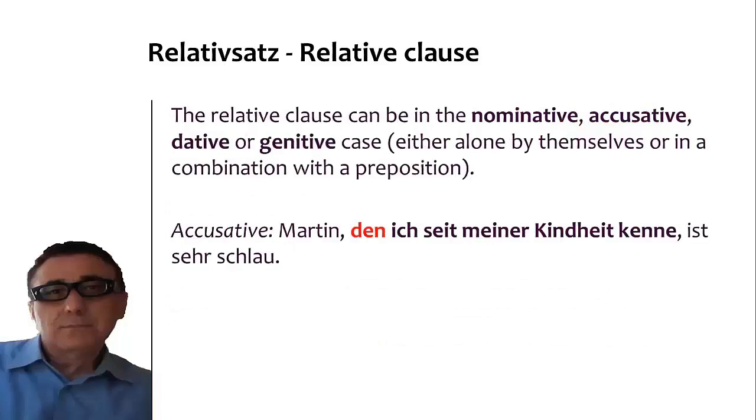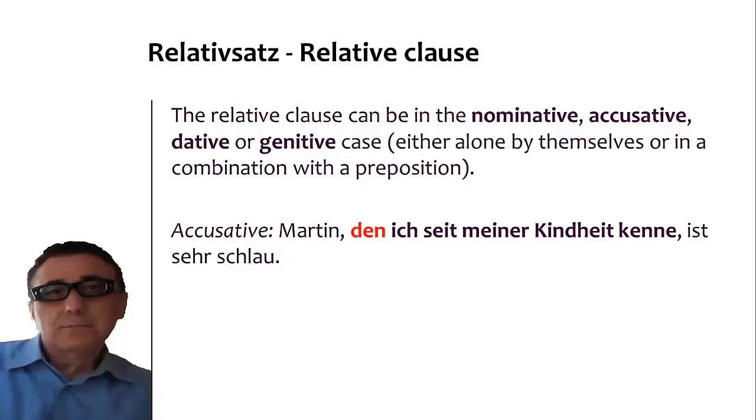You have already seen relative clauses can be in nominative case, accusative case, dative or genitive case. Let's see another example in accusative case. Martin, den ich seit meiner Kindheit kenne, ist sehr schlau.